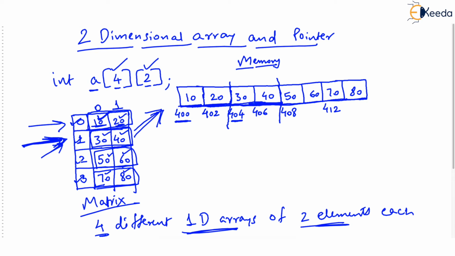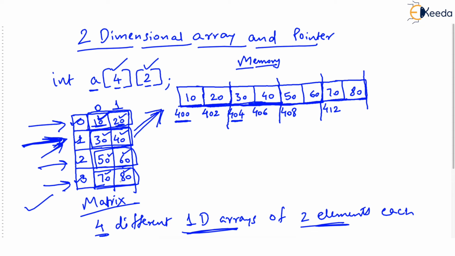Correct? Similarly, 408, 409 will store 50, 410, 411 will store 60. That is, between 408 and 411, values of the second row have been stored, and from 412 to 415, values of row 3 are stored. So this is how a 2D array looks in the memory, not like a matrix.